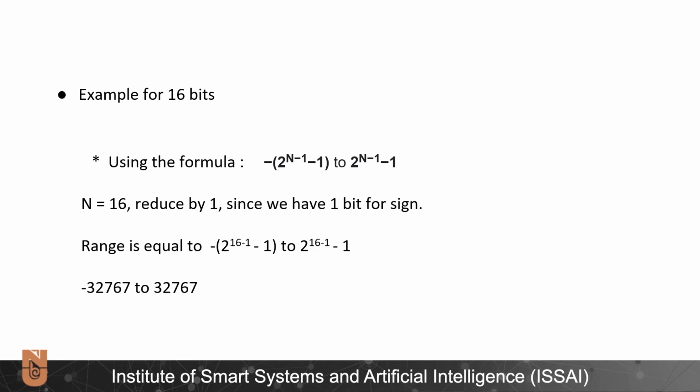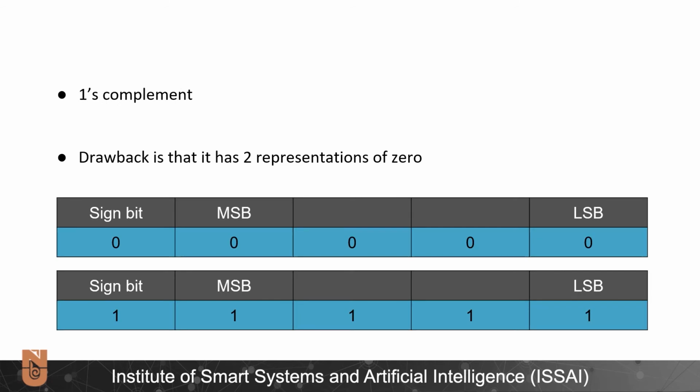We have n equals 16, which corresponds to the number of bits, and we reduce 1, since we reserve 1 bit for a sign. Putting all the values into the formula, we get that the range is from minus 32,767 to plus 32,767.